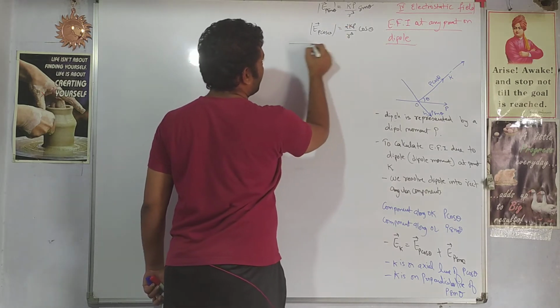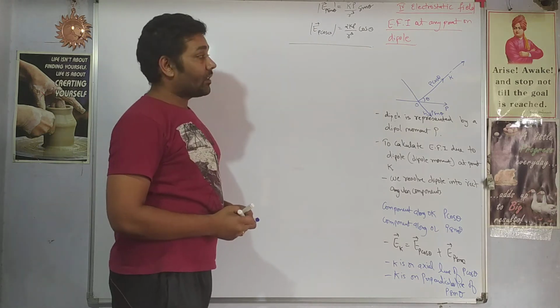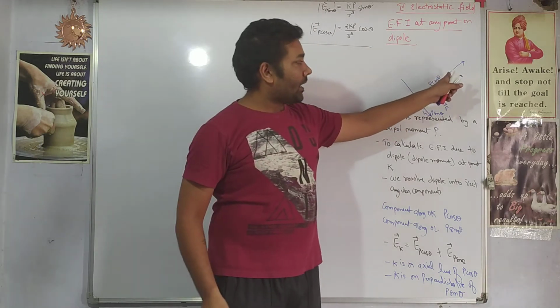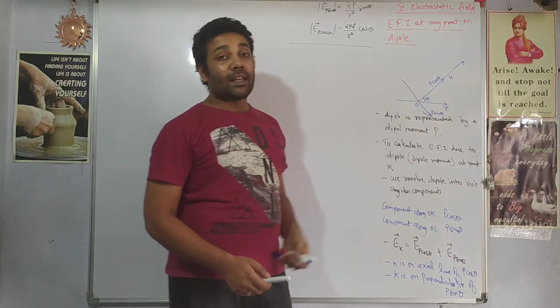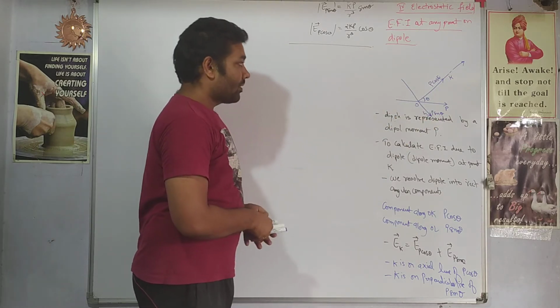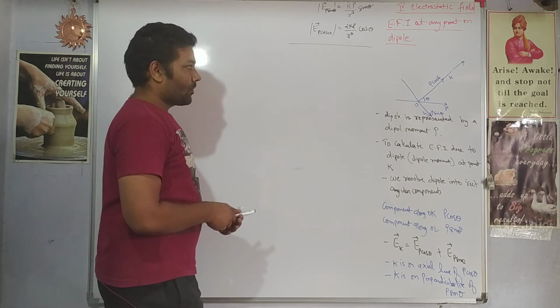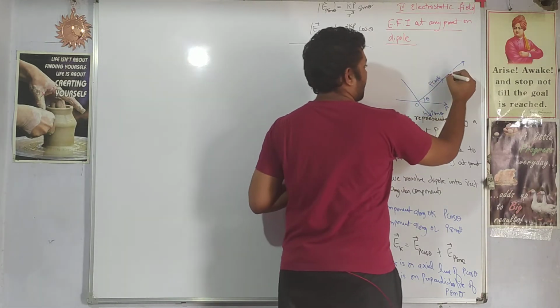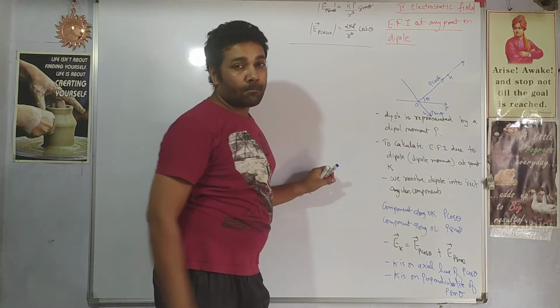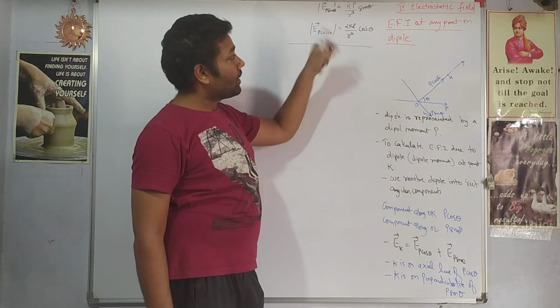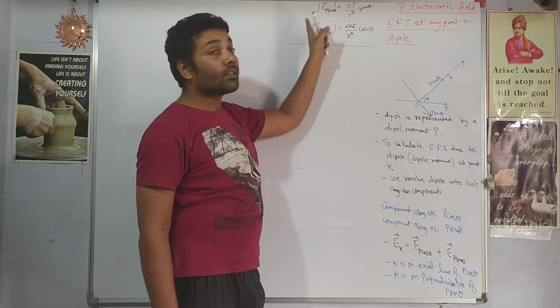This is the value of the electric field at K due to the P cos theta component and due to the P sin theta component. What will be its net resultant? So for P cos theta, what will be the direction of the EP cos theta? Then we will be able to determine the resultant of these two.